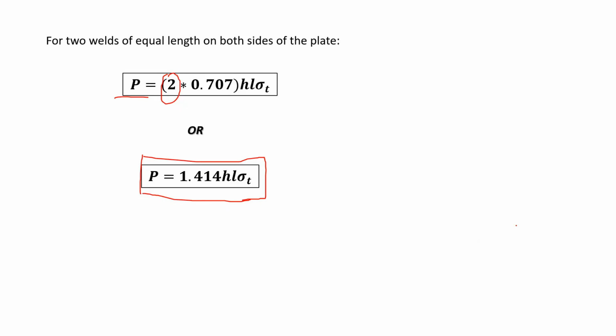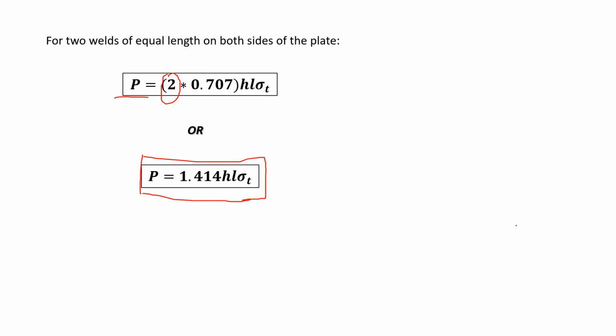So we have seen that the transverse fillet weld fails because of the tensile stress. However, the actual nature of the stresses in the cross section of the transverse fillet weld is quite complex. The weld is also subjected to a shear stress in addition to the normal stress.